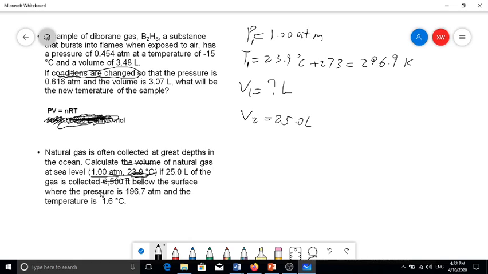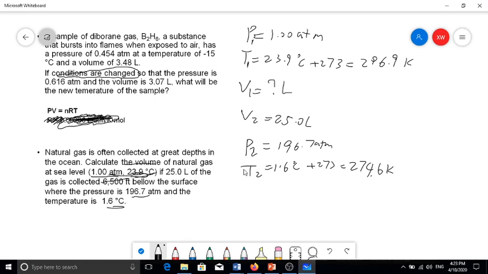Below the surface, the pressure is this and the temperature is this. So this 25 liters was collected under P2, which is 196 atm, at a temperature of 1.6 Celsius, which you should put into Kelvin first.